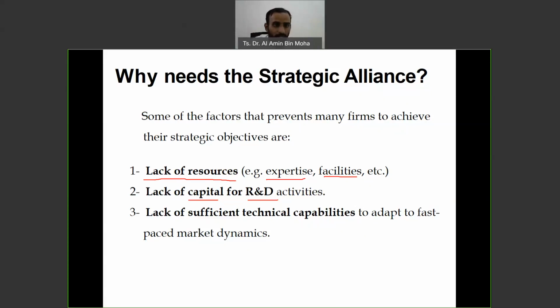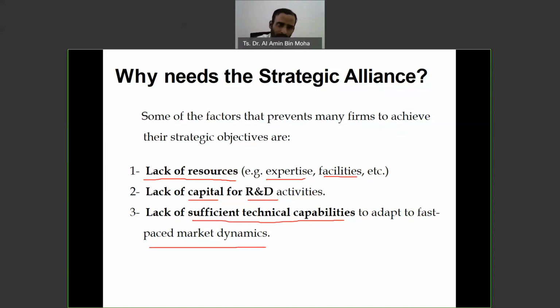Okay, lack of capital for R&D activities, and lack of sufficient technical capabilities to adapt to fast-paced market dynamics. We have technology-related equipment: handphones, computers, software. It's rapidly changing.